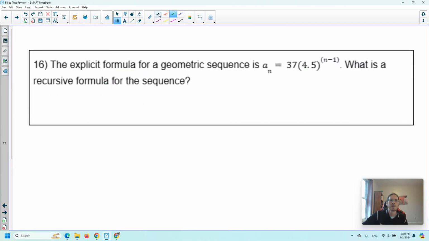For 16, we have the explicit formula. We need to get the recursive formula. So again, recursive formula is A1 is equal to some number, and then A sub n plus 1 is equal to A sub n times r. So A1 is equal to, so to get our starting value, remember the starting value just is the first number that we've got out here, 37.